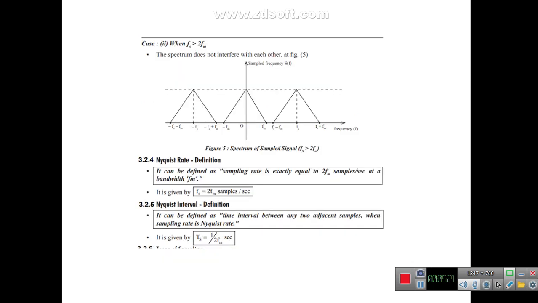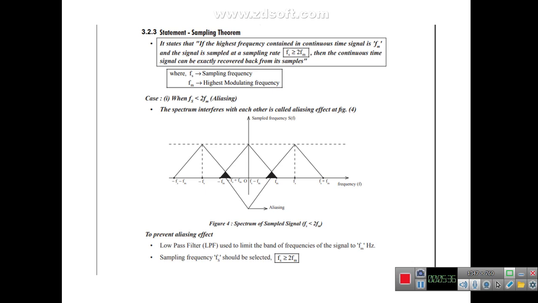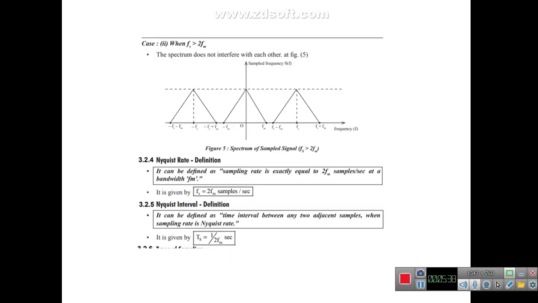The next condition: when fs is greater than 2fm, the spectra do not interfere with each other, so no aliasing effect occurs. These are the two conditions of the sampling theorem. Next, the Nyquist rate.